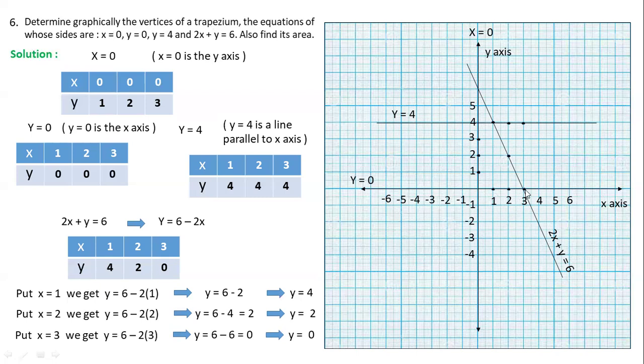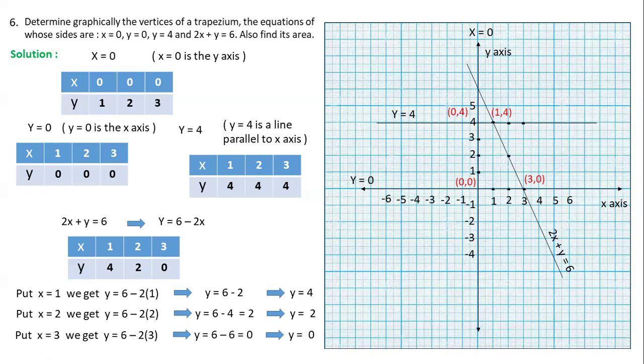This corner, this corner, this corner, this corner. So what is this? 1, 4 first. What is this? 0, 4. What is this? 0, 0. What is this? 3, 0. Clear? So we have found the vertices of the trapezium.